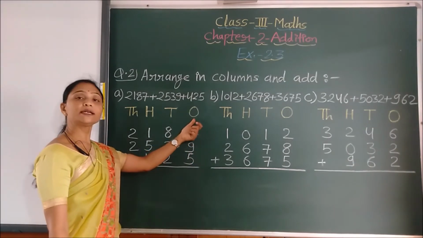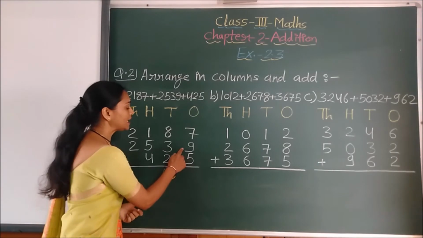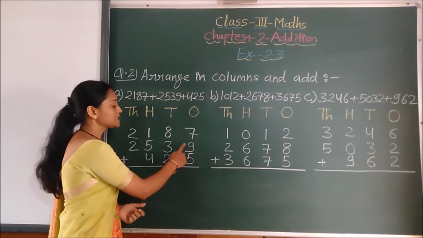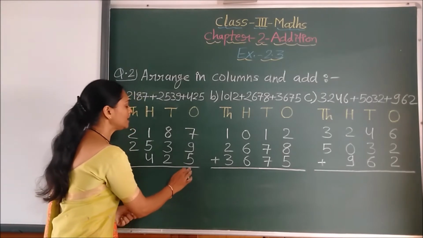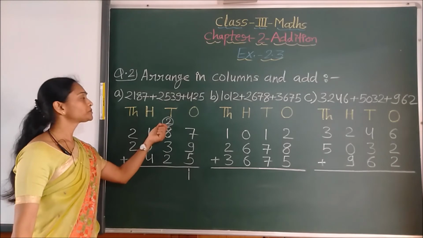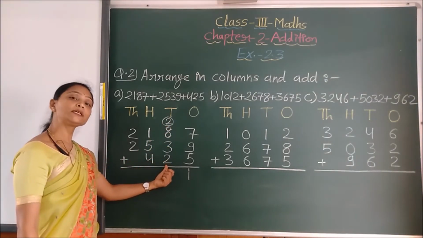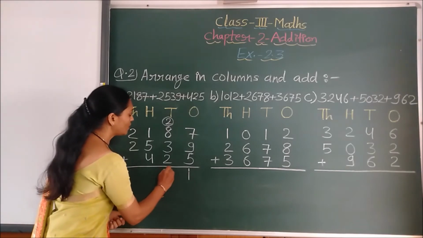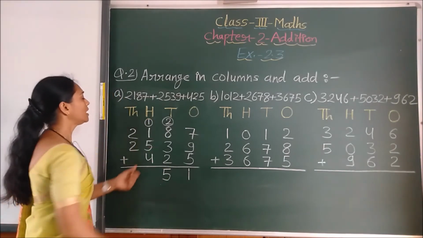So we will start addition from the ones place. See, 10 plus 9... 16 plus 5, 21. So we have to write here 1 and then 2 carry over we got here. 2 plus 8, 10, 10 plus 3, 13, 13 plus 2, 15. So we got here 5 and again we got 1 carry over up.